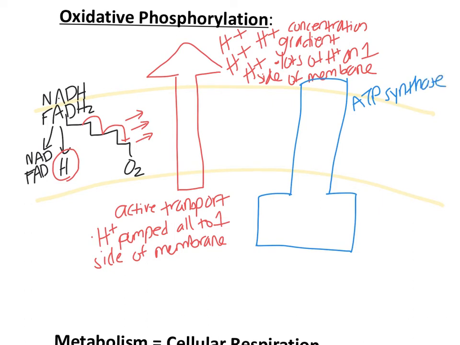ATP synthase is a very unique protein because it has a tunnel through the center of it. So those hydrogen ions will diffuse or spread out by going through the channel of that ATP synthase.